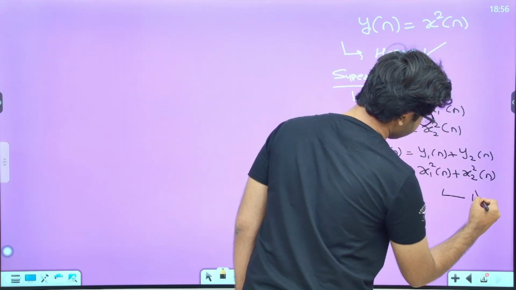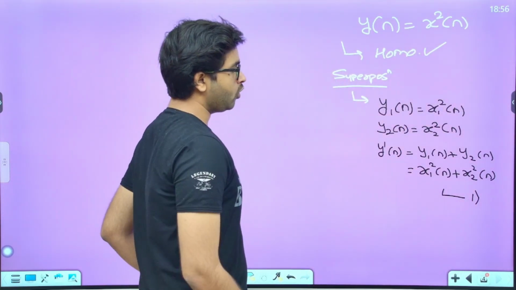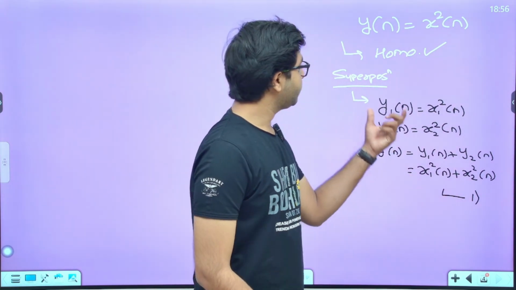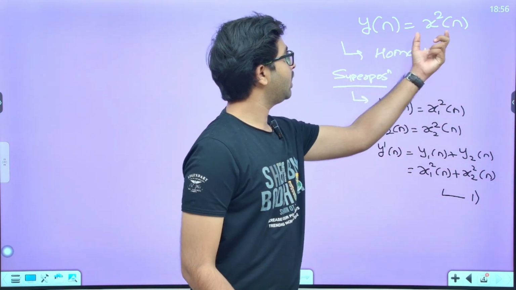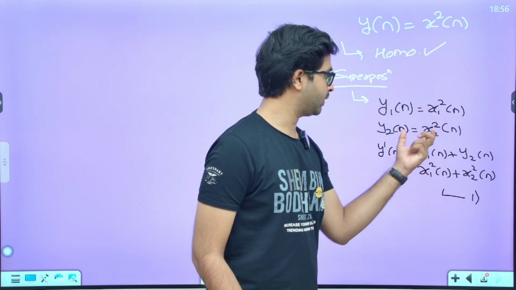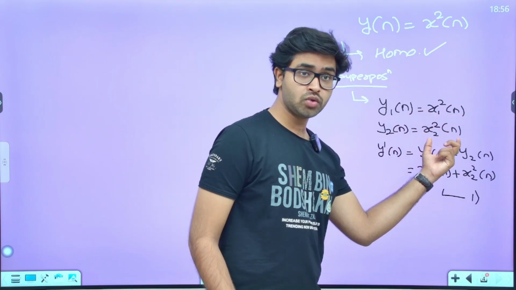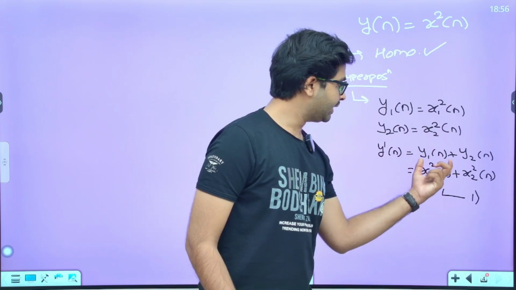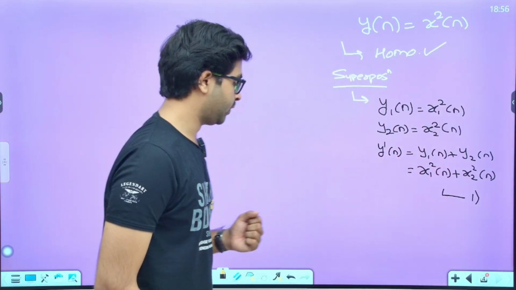And this is equation 1. I hope it's clear till now that we again split y and x into y1, x1, where y1 of n is equal to x1 square of n and y2 of n is equal to x2 square of n, and by adding, this part comes. This is part 1.